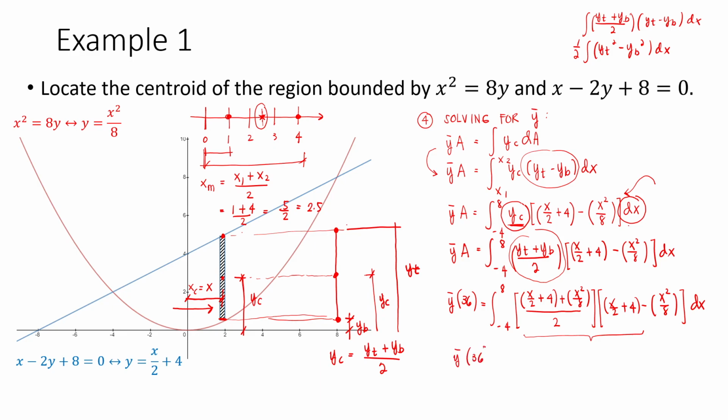So this will be 36, and then the value for the integral is 115.2, divided by 36, so bar y is equal to 3.2 units.